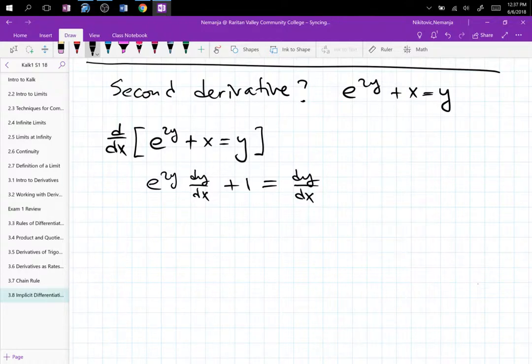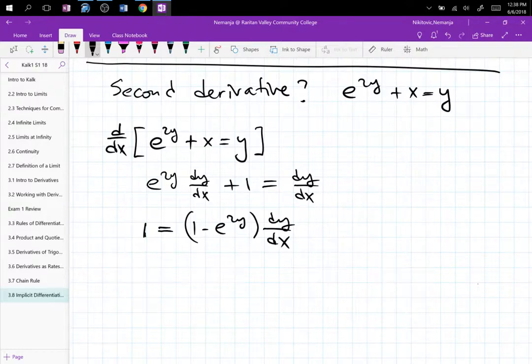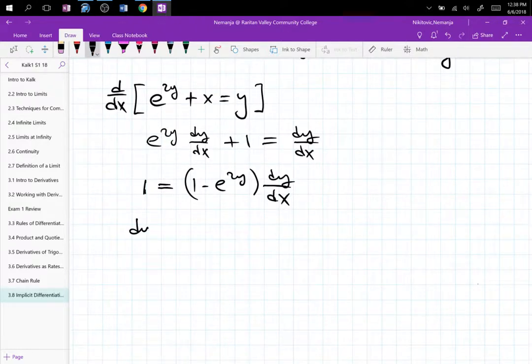We are going to move e to the other side, so we have 1 equals 1 minus e to the 2y when you factor dy/dx. And finally, dy/dx, the first derivative, is equal to 1 over 1 minus e to the 2y. So this is our first derivative.